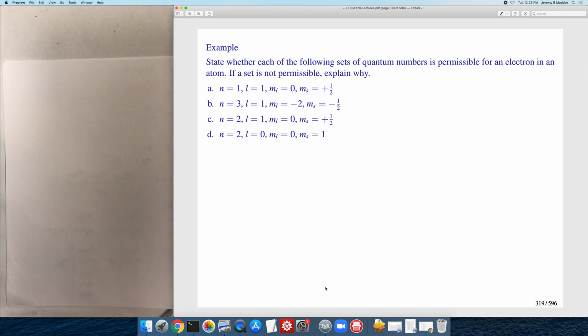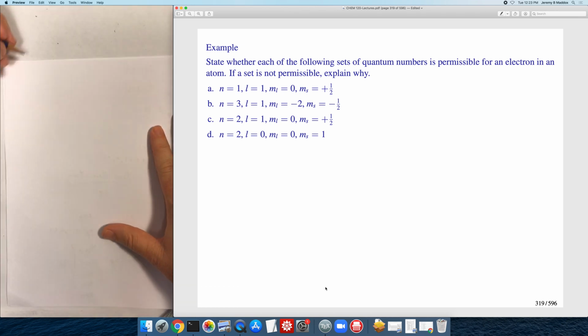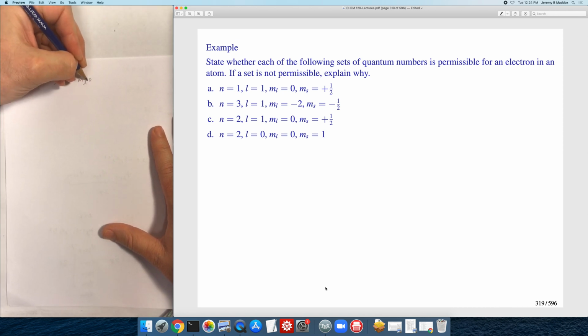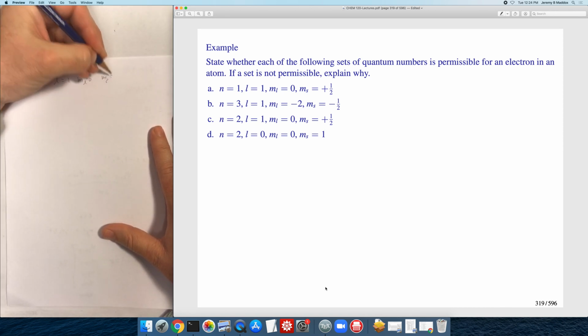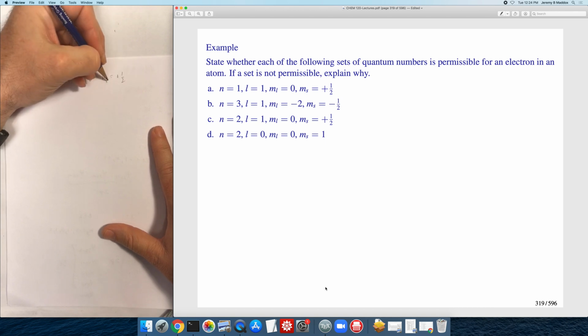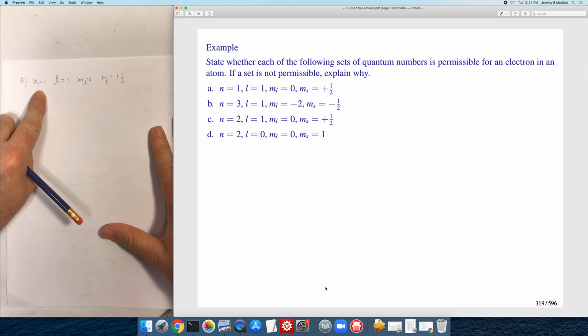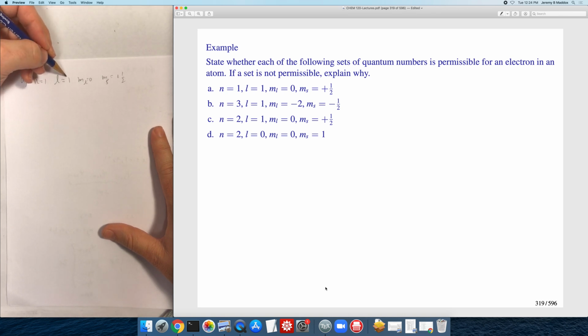So for part A, we see that the principal quantum number is 1, the angular momentum quantum number is 1, m sub L is 0, and m sub s is plus 1/2. And so the question is, is this a valid set of quantum numbers or not? The answer in this case is that it is not a valid set of quantum numbers because the value of L is too large for the given value of n.